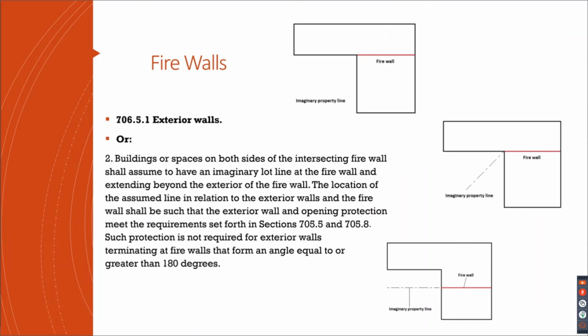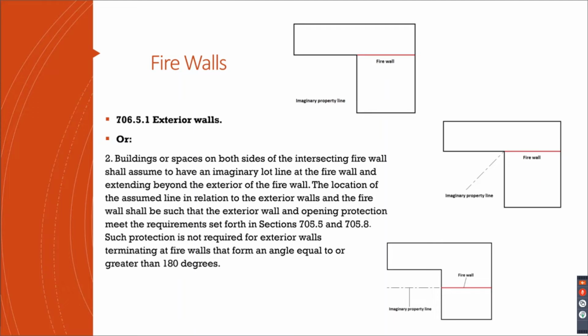And then exception 2, buildings or spaces on both sides of the intersecting firewall shall be assumed to have an imaginary lot line at the firewall and extending beyond the exterior of the firewall. The location of the assumed lot line in relation to the exterior walls and the firewall shall be such that the exterior wall and opening protection meet the requirements set forth in the code. I'm pretty sure those are the wrong sections, I apologize.